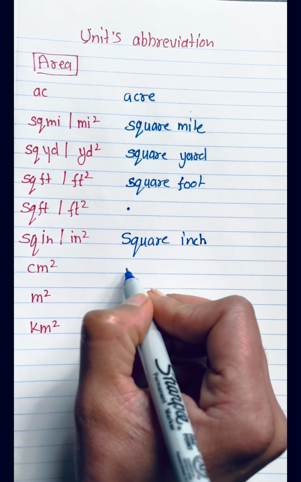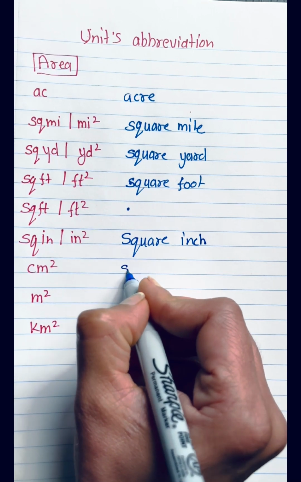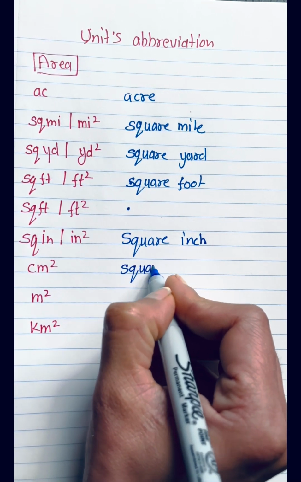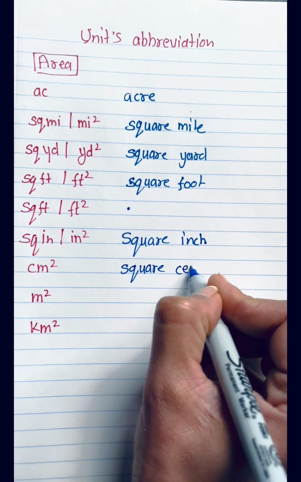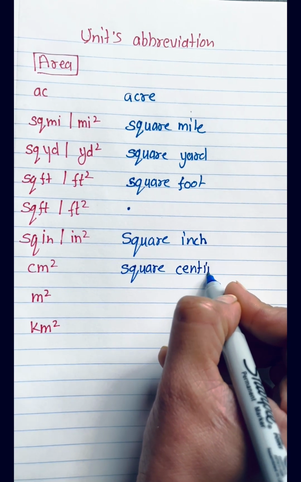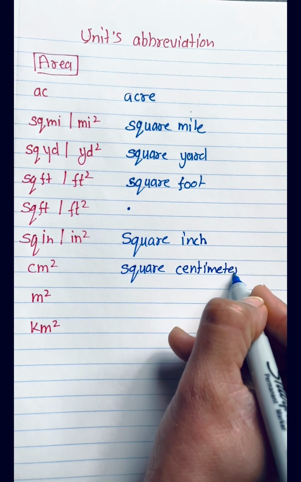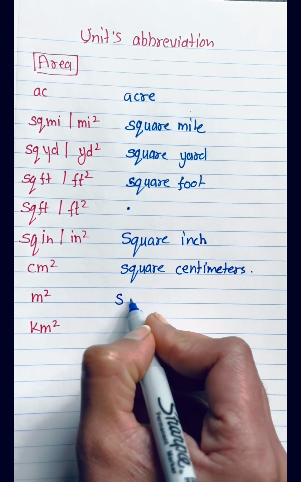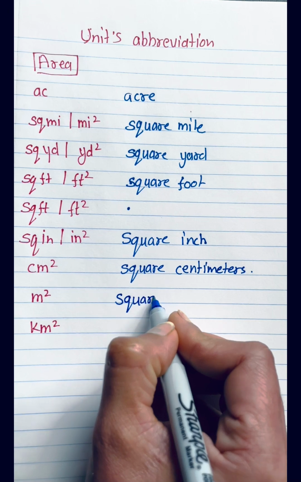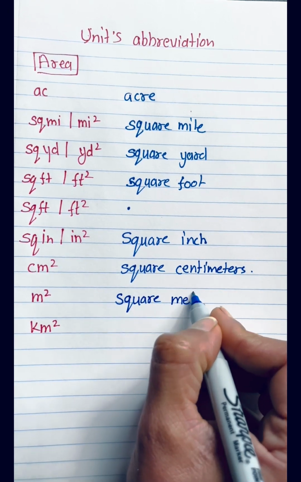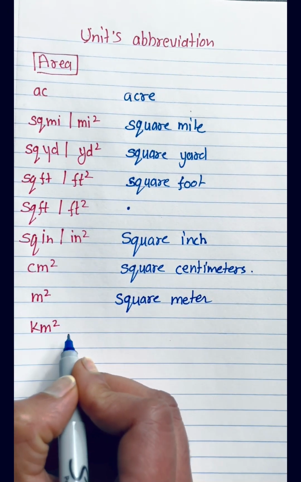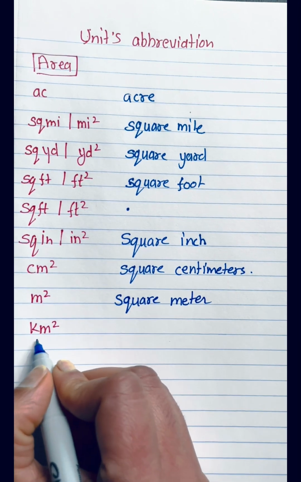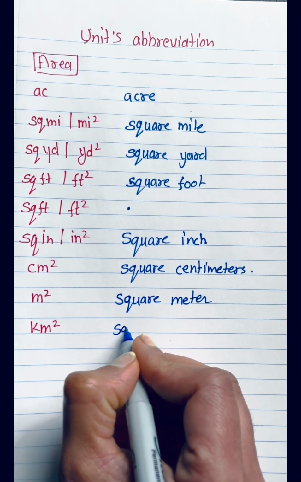CM square is square centimeters. M square is square meters, and km square is square kilometer.